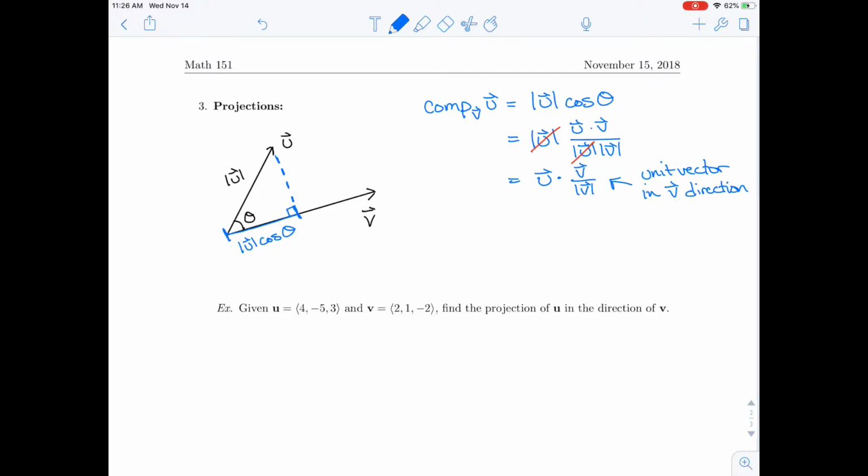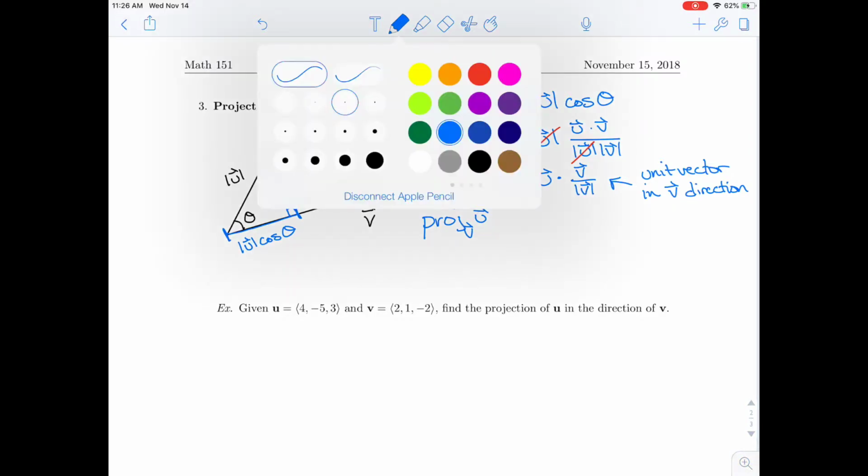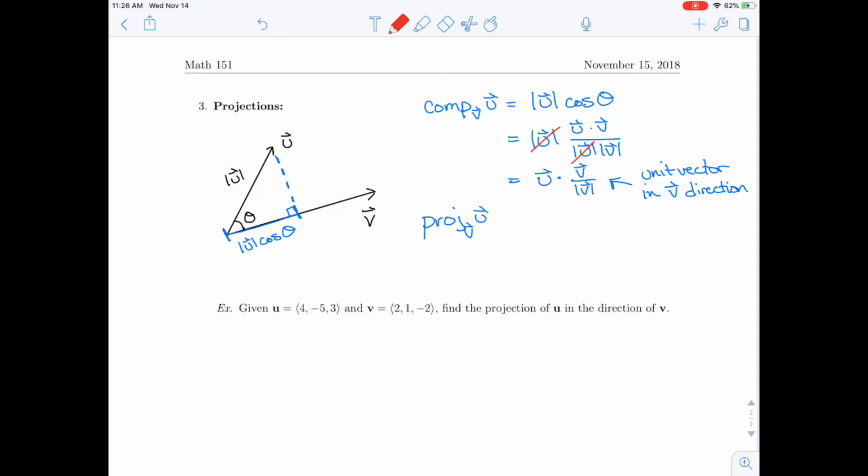Now that tells you the distance that u has in the v direction, but it doesn't tell you the vector of u that's in the v direction. That's called the projection of u onto v. So instead of just the distance, we want to think of u as being composed of two vectors.